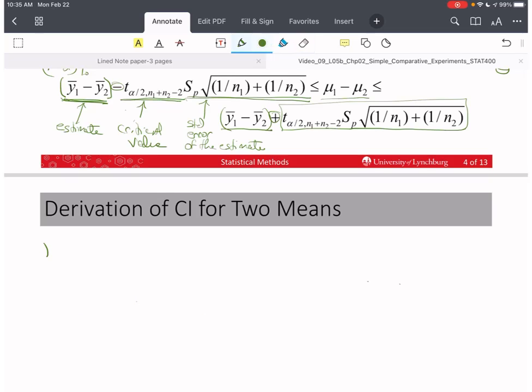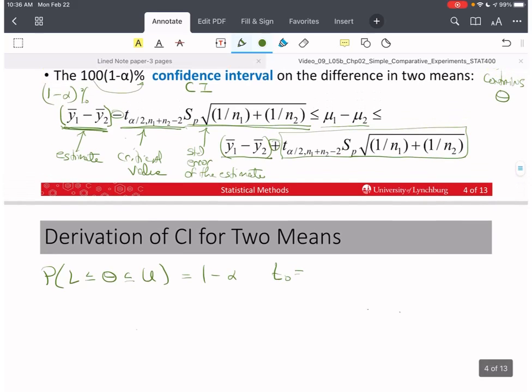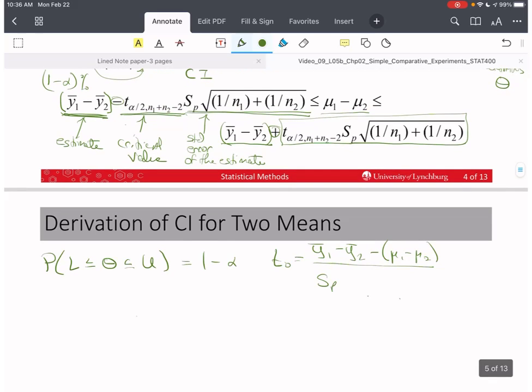We have the probability that the interval L to U contains theta is equal to 1 minus alpha, and the test statistic T naught, which is equal to y1 bar minus y2 bar minus (mu1 minus mu2) divided by s sub p square root of 1 over n1 plus 1 over n2.